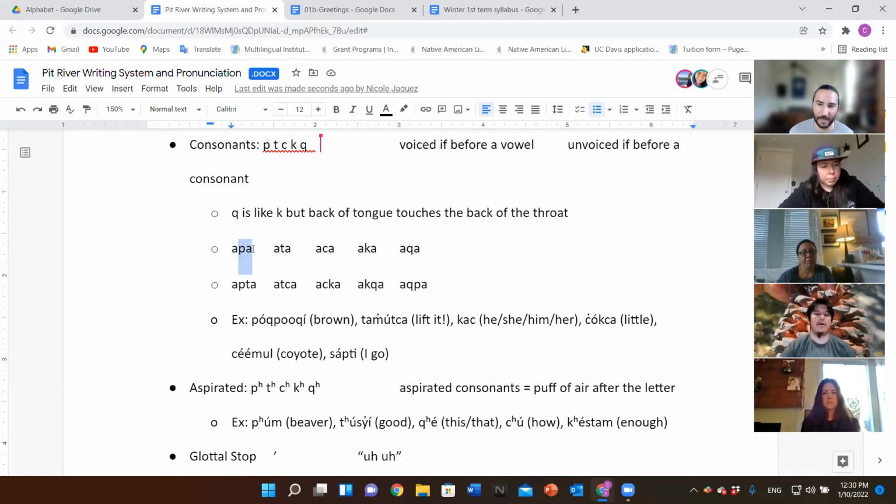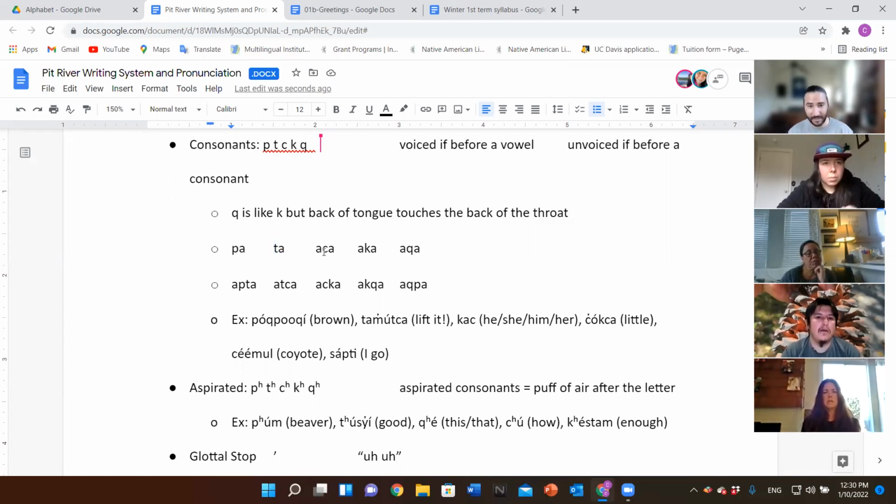It sounds closer to a B in English, and that's because there's this vowel afterwards. And then this T, there's a vowel afterwards, so it's duh, duh, duh. Sounds closer to a D.